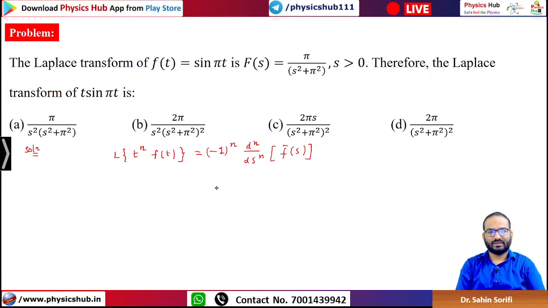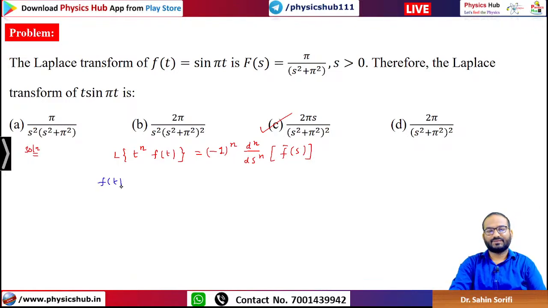Tell me the option, correct option. Deep, you are saying C? C, very good. Let's see if it is giving you C.